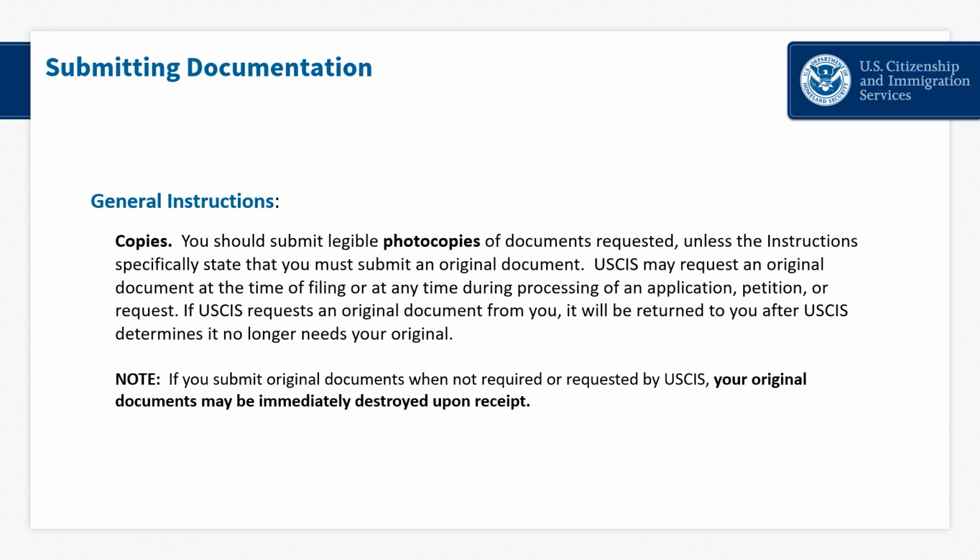You may notice that the new instructions do not require that the regional center submit any original documents along with the form. Therefore, when filing I-956G, do not send your original documents unless specifically requested by USCIS. If USCIS specifically requires original documents, they will be returned to you after the adjudication process is complete.